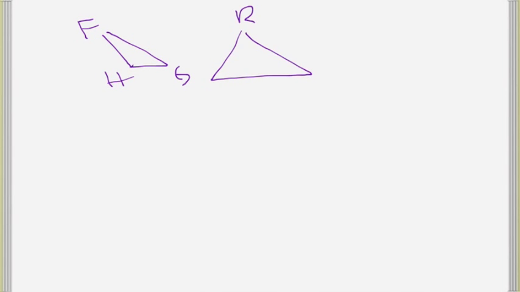So for our first example, we're going to have two triangles. Not drawn to scale. And we want to determine if these two triangles are similar.